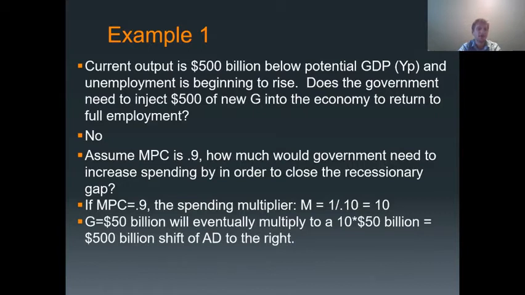So 500 billion divided by 10 equals 50 billion. You might be saying, it's called the multiplier. Why did we just divide? Well, because it's the multiplier times the spending equals the gap. The spending is being multiplied. So we need 50 billion in order to fill that $500 billion gap.